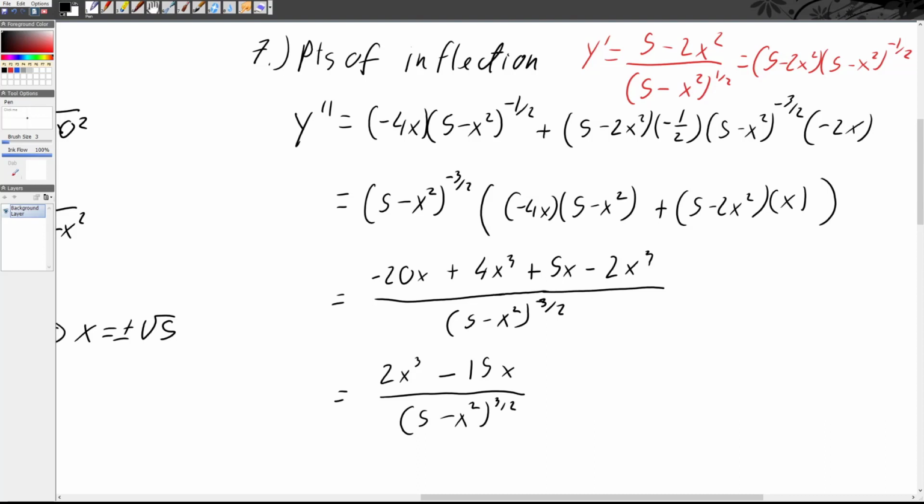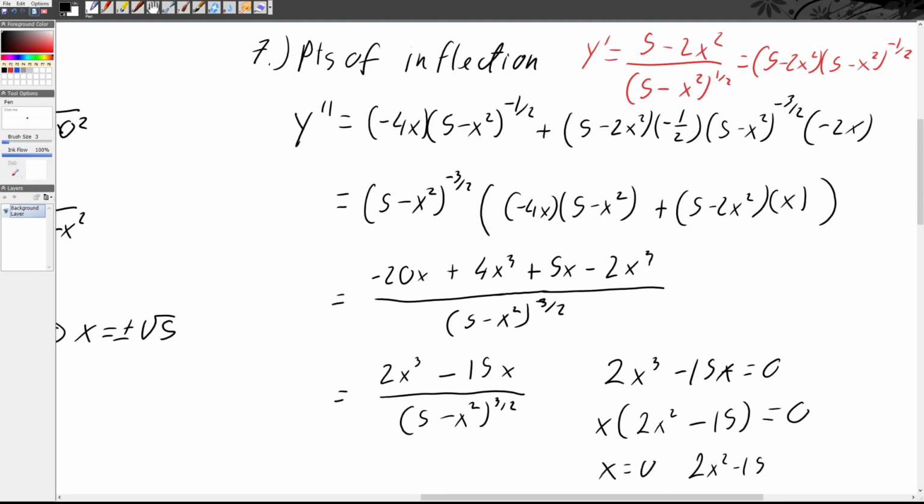Again, we try to find the zero of these, so we simply need to set the numerator equal to 0, and then we solve. So we factor out an x, so 2x squared minus 15 equal to 0. So either x is 0 or 2x squared minus 15 is equal to 0.